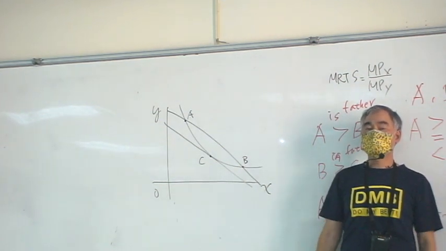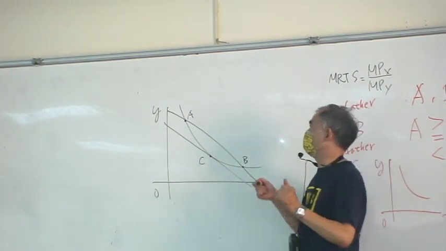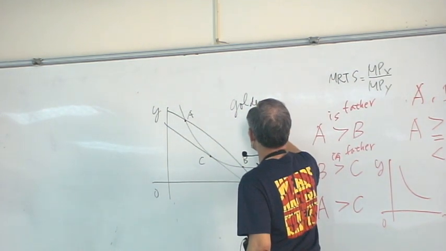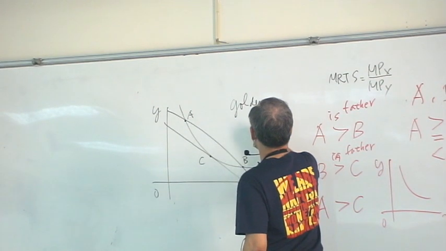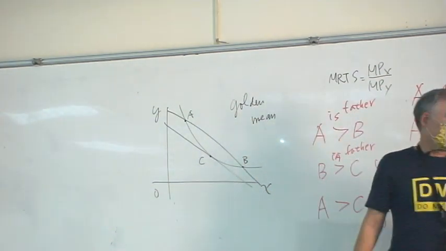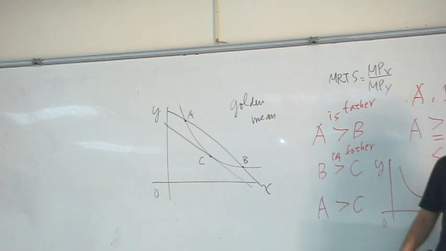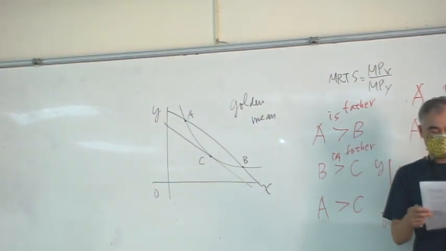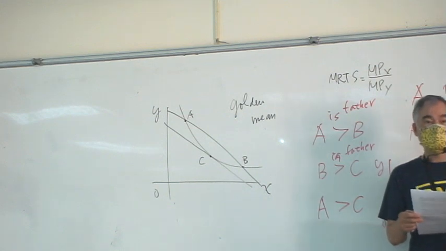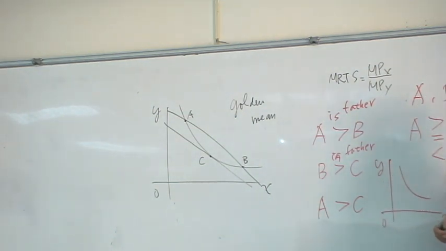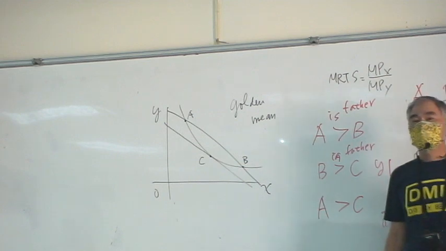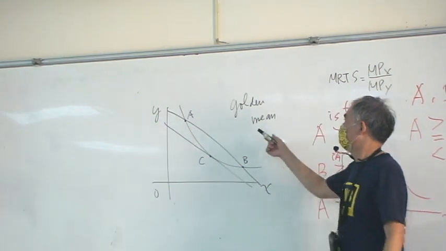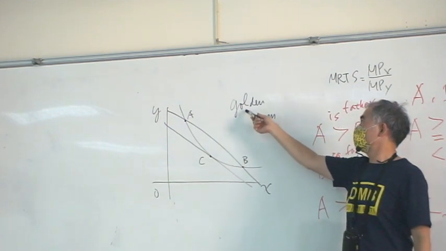As two extremes. And so there's a rule called golden mean. Okay, golden mean. Can anyone tell me what's golden mean? There is a rule called golden mean.